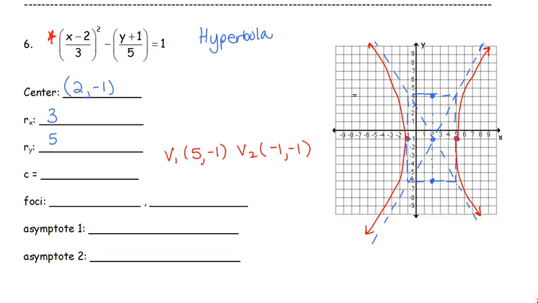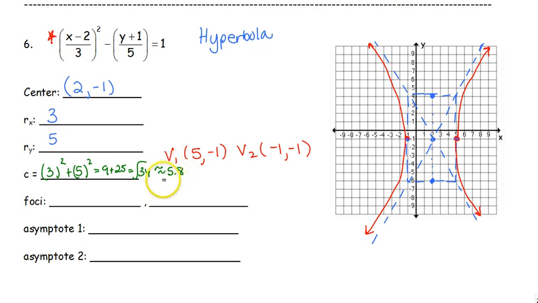So now that I have my hyperbola drawn, we can go ahead and fill in the rest of our information. If we are finding C, for the ellipse we subtracted, for the hyperbola we add. So 3 squared plus 5 squared gives us 9 plus 25, which is 34, but we've got to take the square root of 34, which is about 5.8.